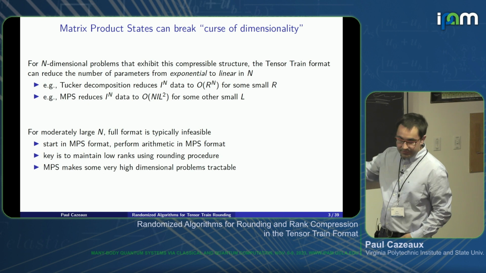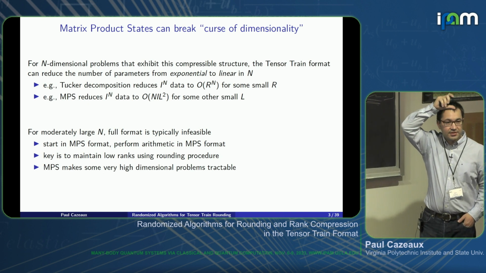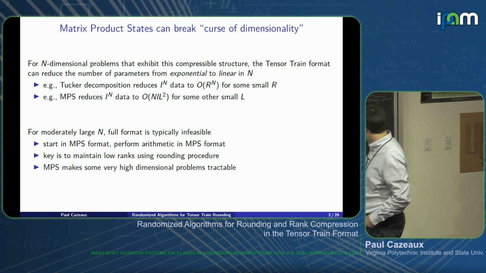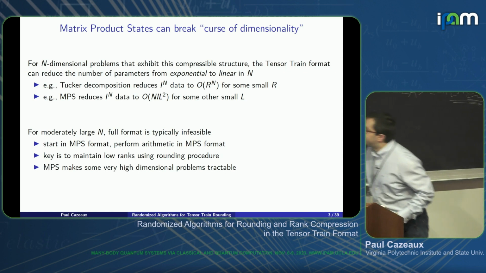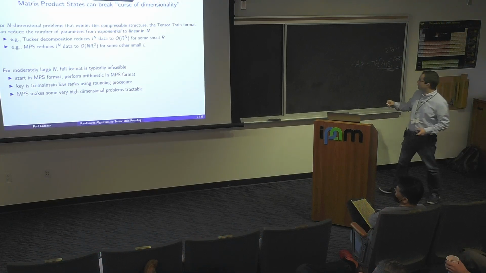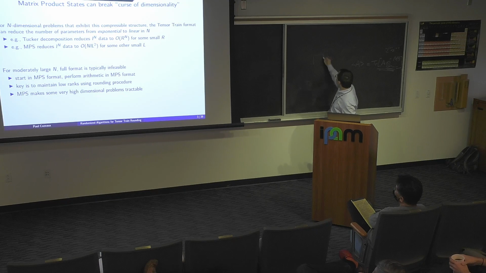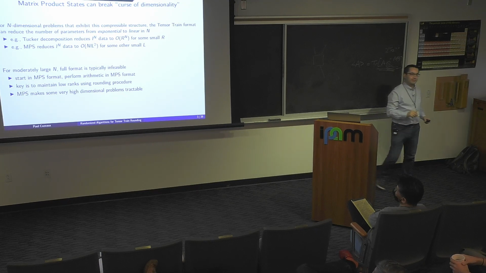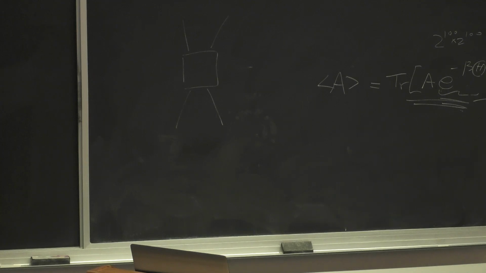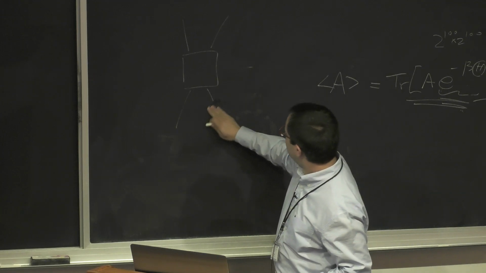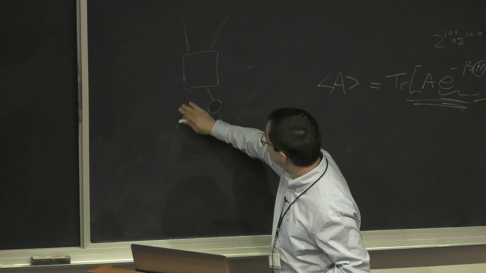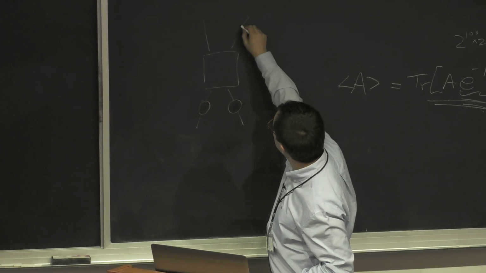So I'll just note that there are various tensor decompositions that exist in the literature. So in the diagram format, if we have a tensor of dimension, let's say 4, something like this, we can use what's called the Tucker decomposition in order to reduce the size, say, of each of these bonds.